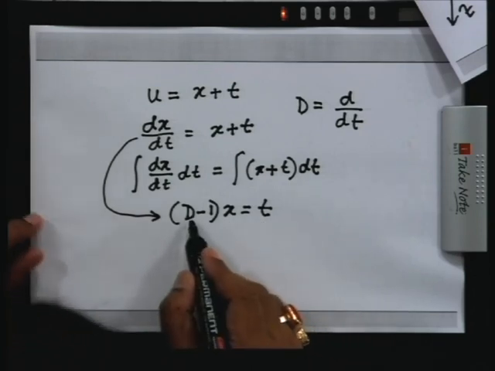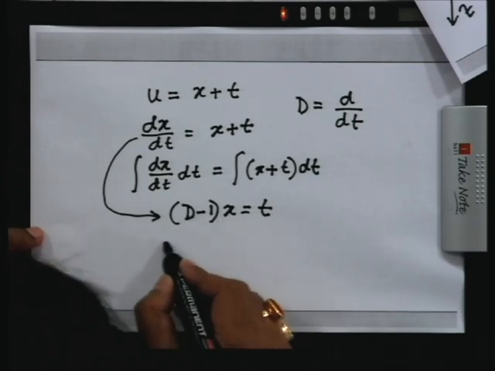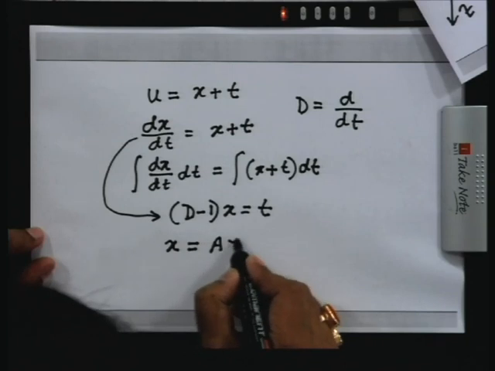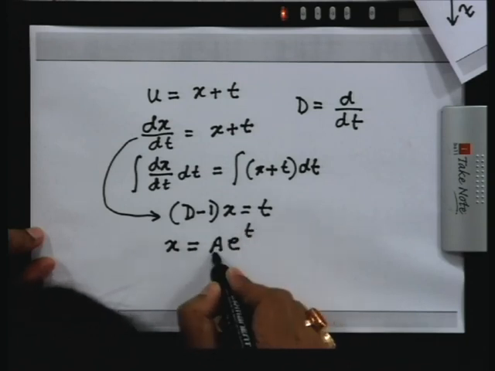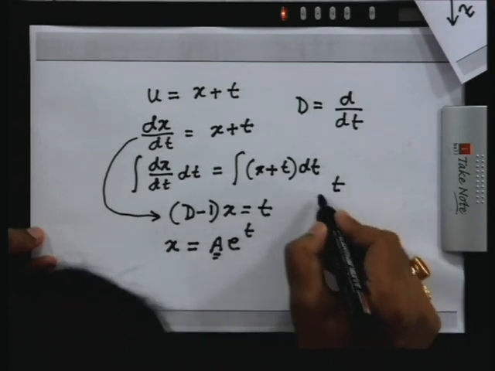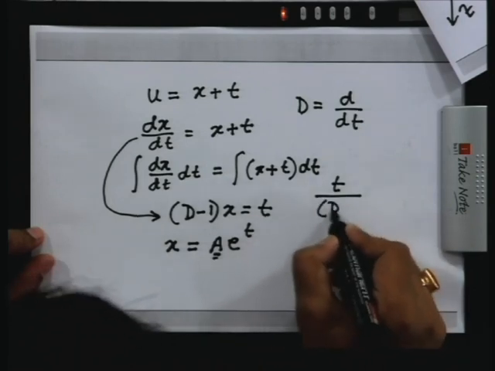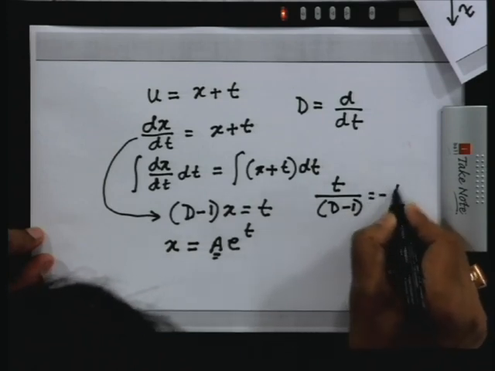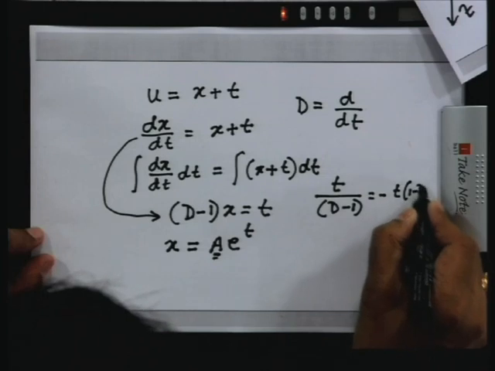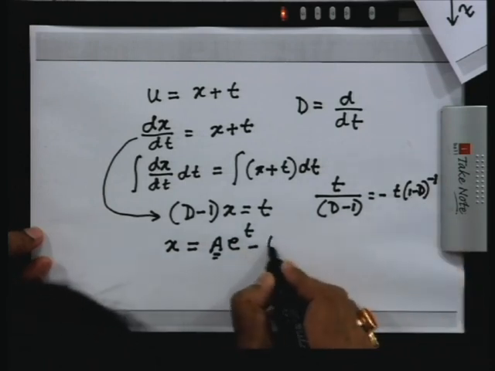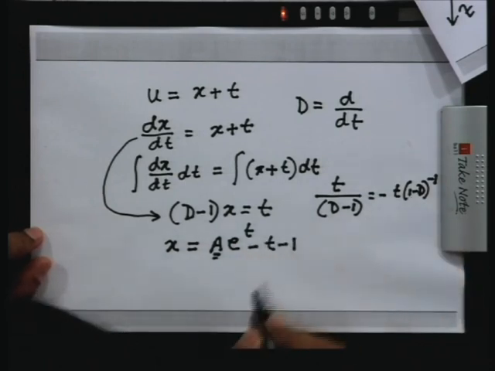The complementary function will come from D minus 1, and this gives an exponential solution a e to the power t, where a is a constant. The particular integral will be found out by t divided by D minus 1, which is nothing but minus t into (1 minus D) to the power minus 1, and if you expand it, you will see only minus t minus 1. I am not spending much time here.